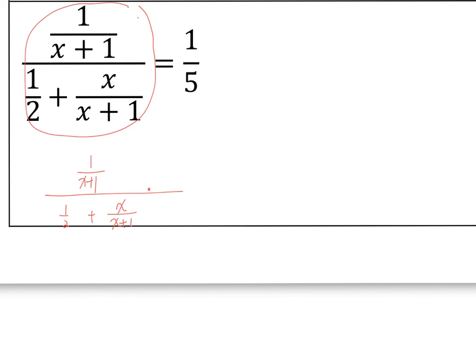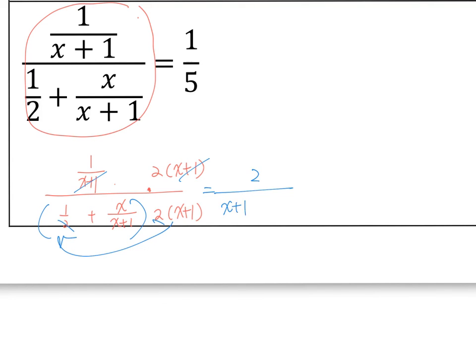I'm going to multiply this by the LCD, x plus 1, 2. Okay, so cancel this. Just put parentheses around this, and we'll multiply by this, cancel the 2. So you're left with x plus 1. And this one, you cancel x plus 1, you're left with 2x.